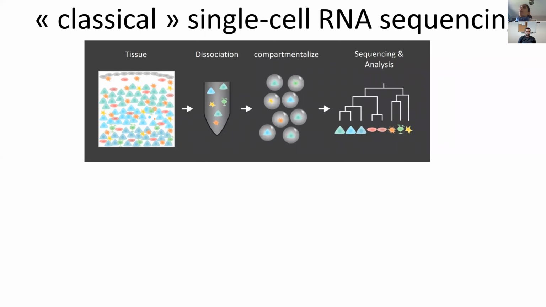Usually, you start with a tissue, you dissociate it into a single cell suspension, then you compartmentalize the cells either in nanowells or in droplets. Then you do a reverse transcription to add barcodes in the droplets. You prepare your sequencing library, you sequence all your reads or your DNA, and then you do a data analysis.